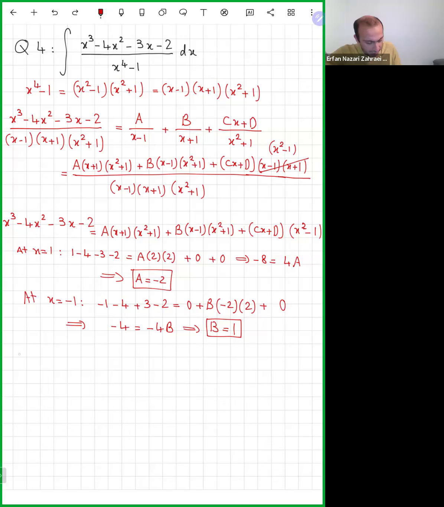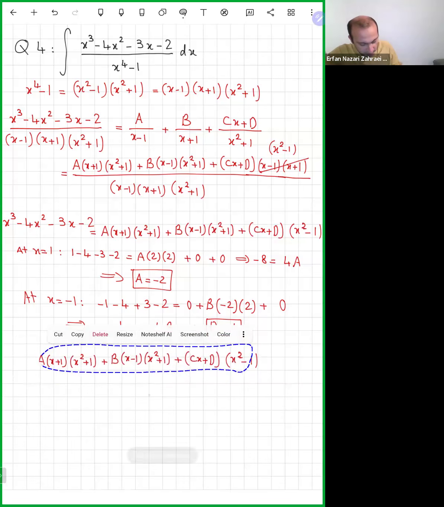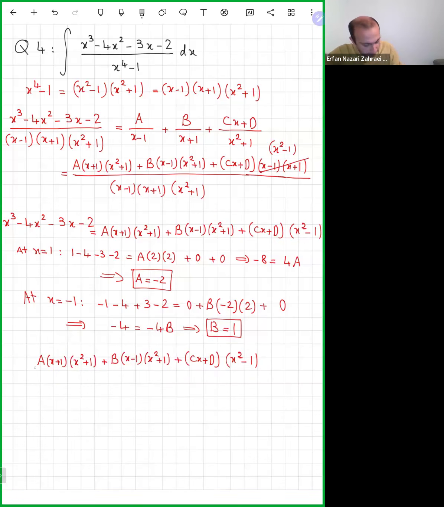So if I replace that, with a equals negative 2, b equals 1, let me simplify it.